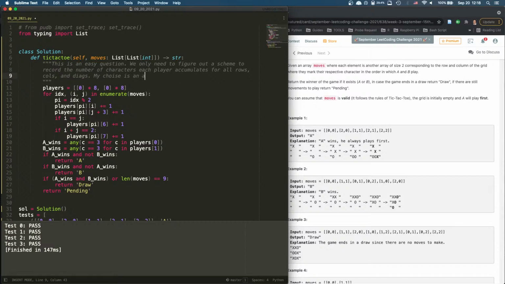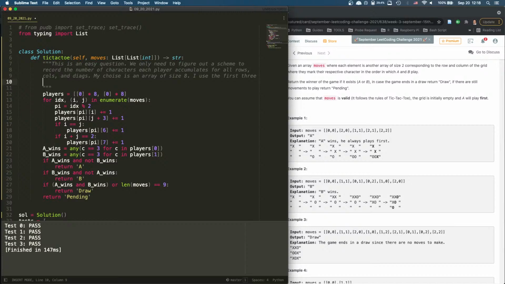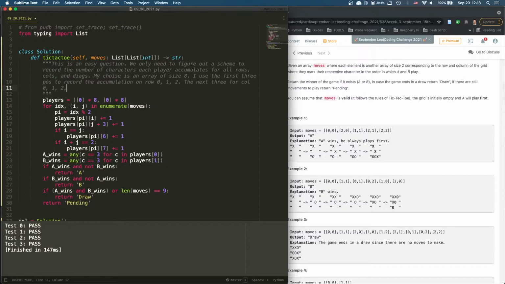My choice is an array of size 8. I used the first 3 positions to record the accumulation on rows 0, 1, 2, the next 3 for columns 0, 1, 2, and the last 2 for down right and down left diagonals.